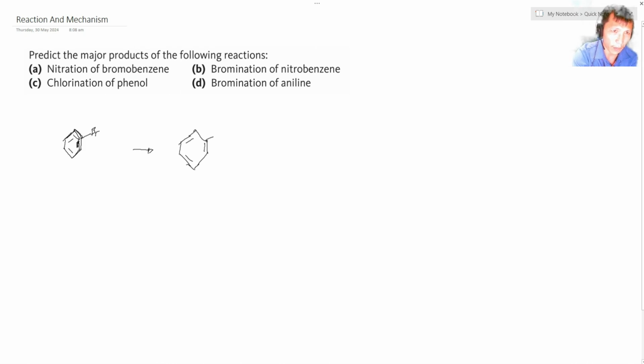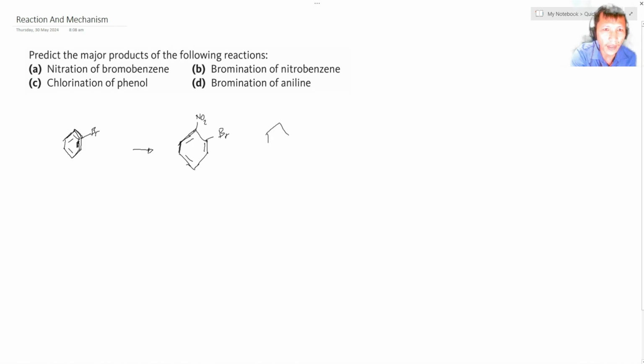If this is your bromine, our possible products might be, of course, there is really a mechanism for this, but we will avoid the details. So an NO2 might form here, or here, or here. Okay? If an NO2 forms here, it is the same as this.